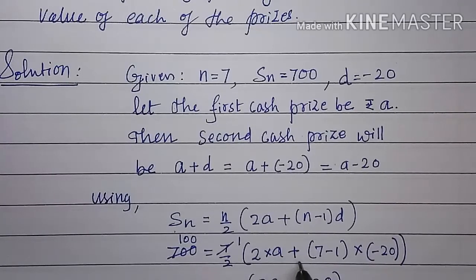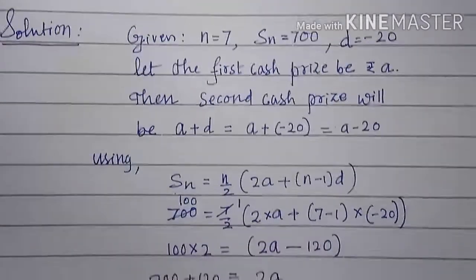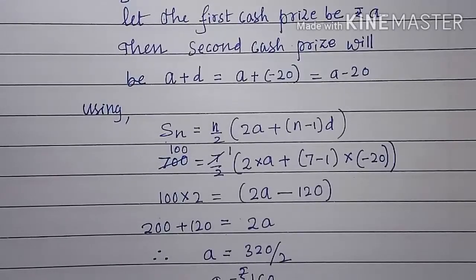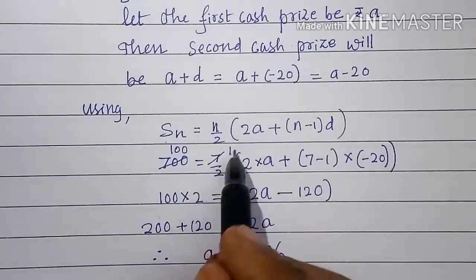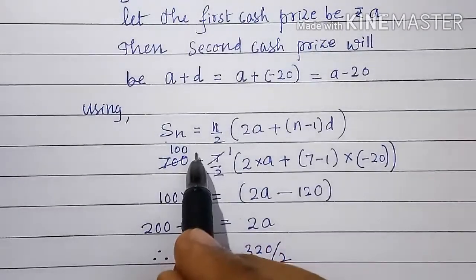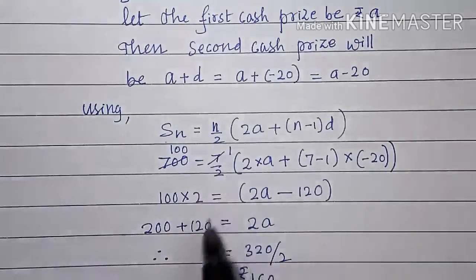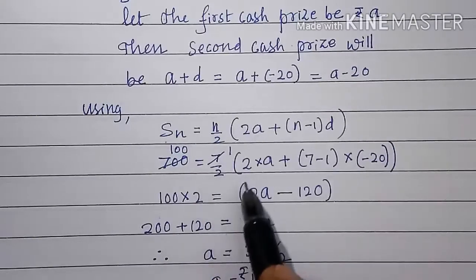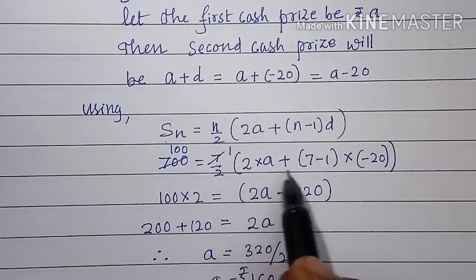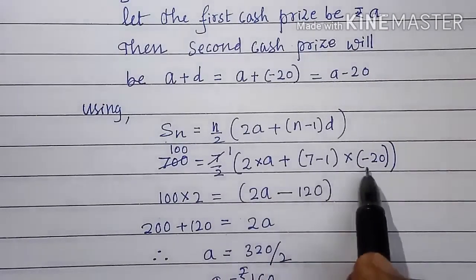So 2 into a plus n minus 1, that is 7 minus 1, into d, which is minus 20. If we simplify this, we can cancel 7 once, 700 seven times. So 100 equal to 1 by 2 into the bracket 2a plus 6 into minus 20.